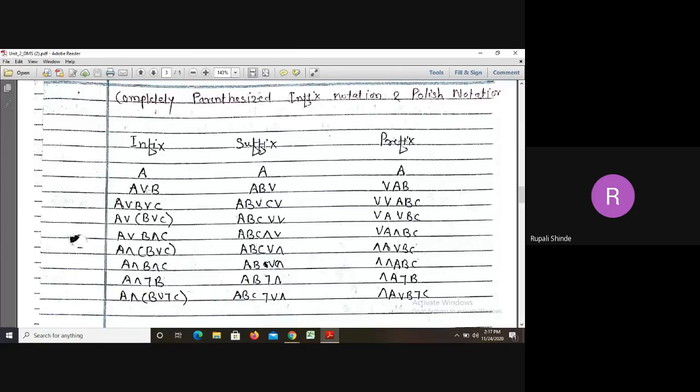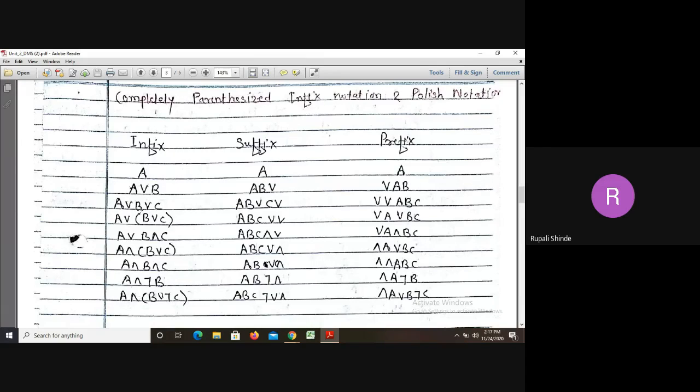For prefix, we take the or operator before the operands, so its prefix is or AB. Have you understood this second one, A or B? Yes, ma'am.